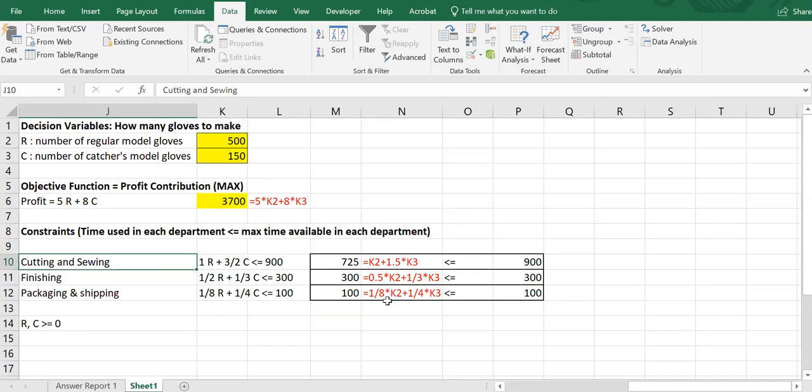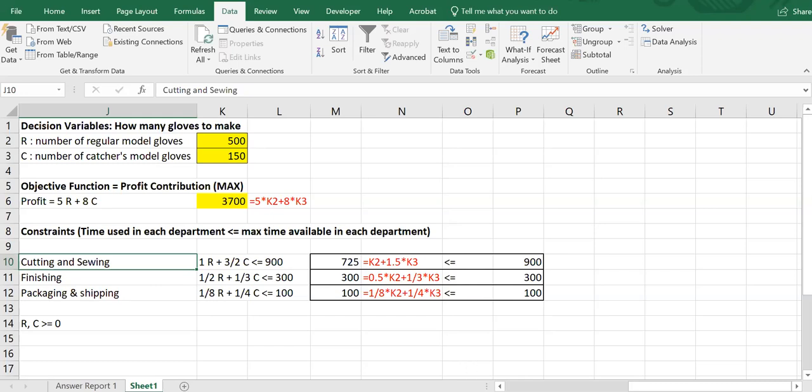On the operations side, we are using all the capacity in the finishing and the packaging and shipping departments. We have some slack in cutting and sewing because we're using 725 hours, even though we have 900 hours available. So finishing and packaging and shipping are the binding constraints. These are the bottlenecks in the process.